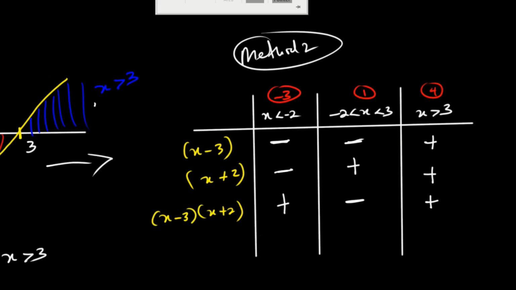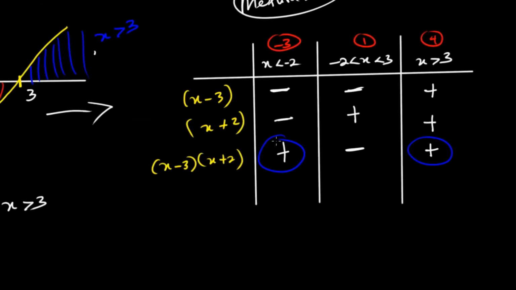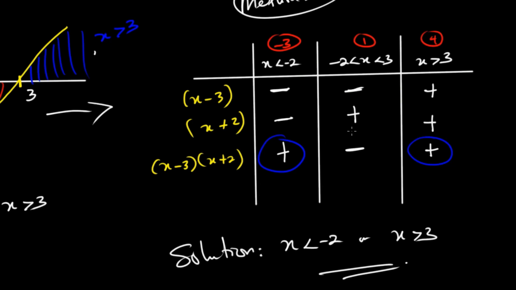So we pick the two positive columns, meaning that our solution is x less than -2 or x greater than 3. And that is the solution to this quadratic inequality.